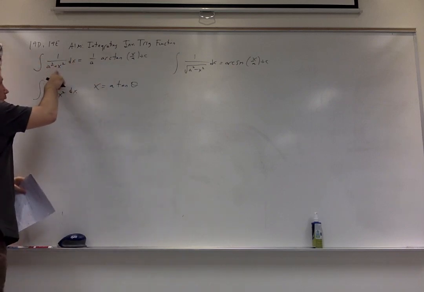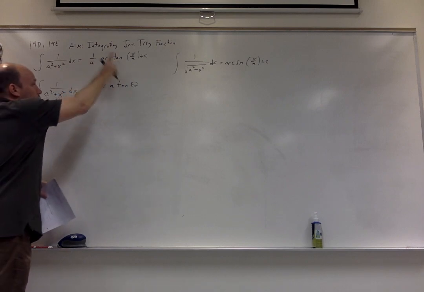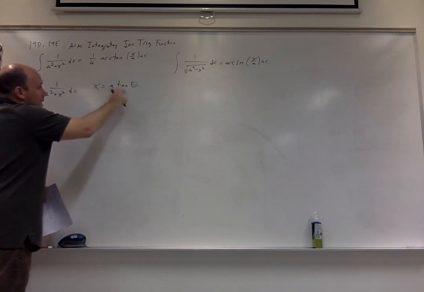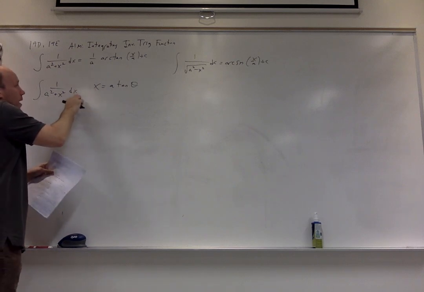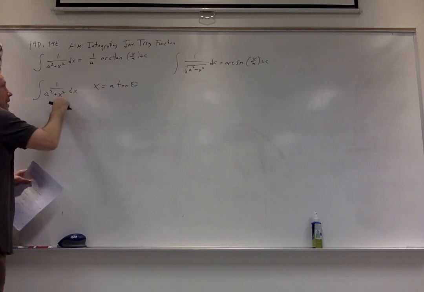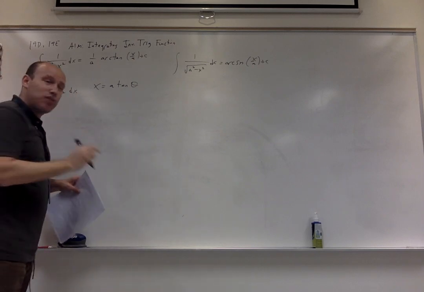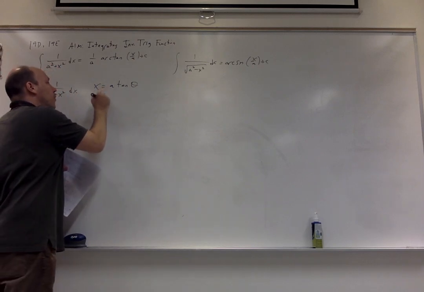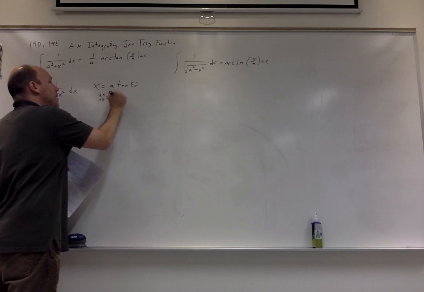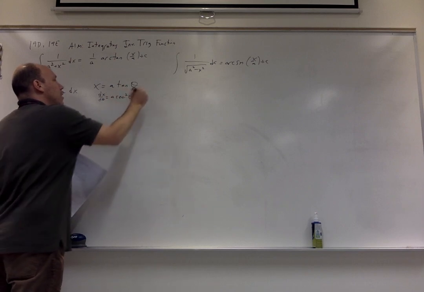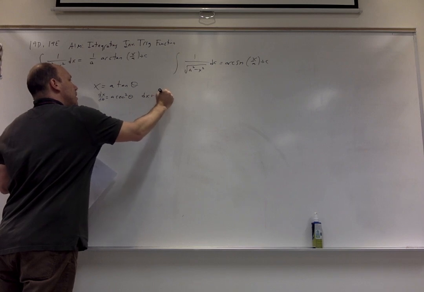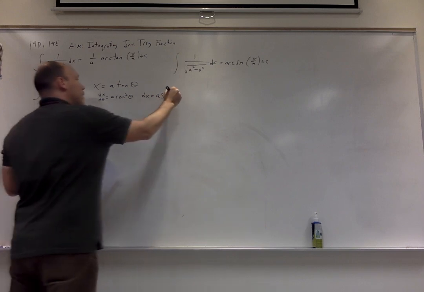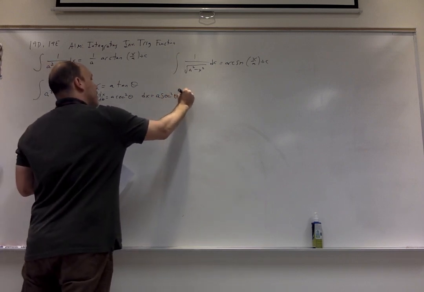So if you see this and the answer is tan, you go, oh, the substitution was a tan theta. Fine. So I know I'm going to be substituting x in here, but I know I need to replace dx. So dx over d theta equals a secant squared theta, which means dx equals a secant squared theta d theta.